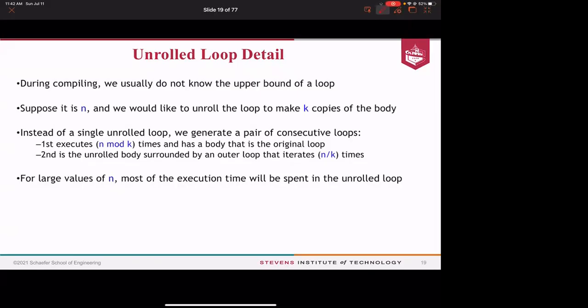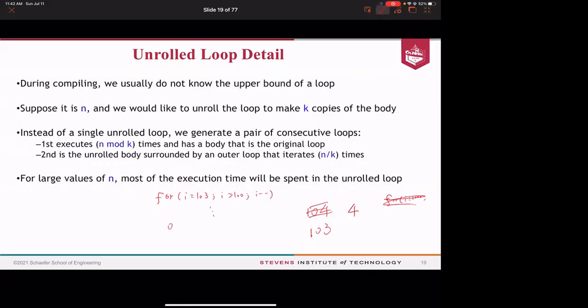For instance, let's see. I want to unroll it by 4 times. If I have 104, sorry, this is not a good example, 103 iterations. So what I do is I first do the typical for loop, I equals 103, I is larger than 100, I decrements.